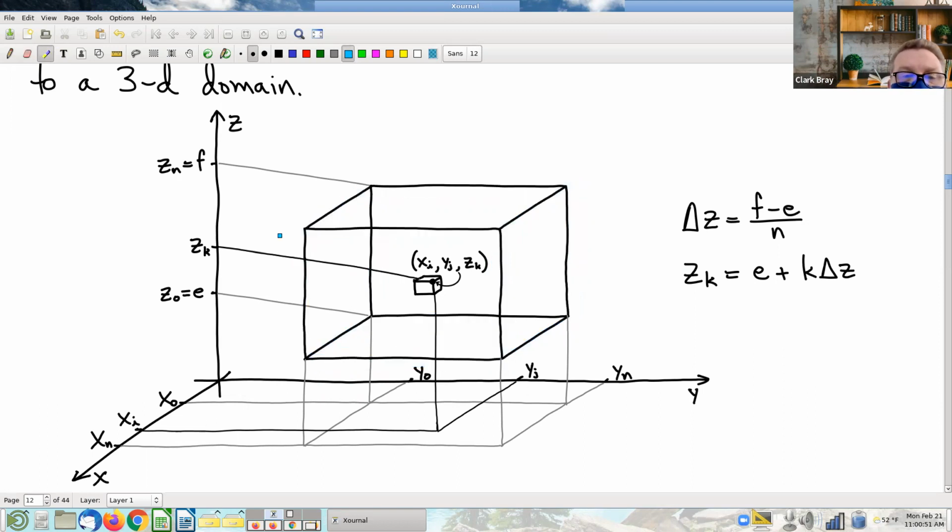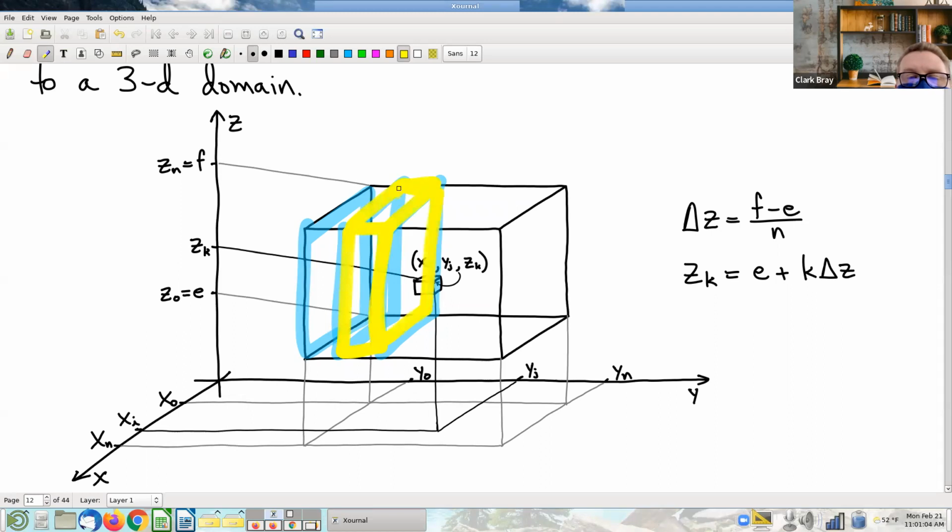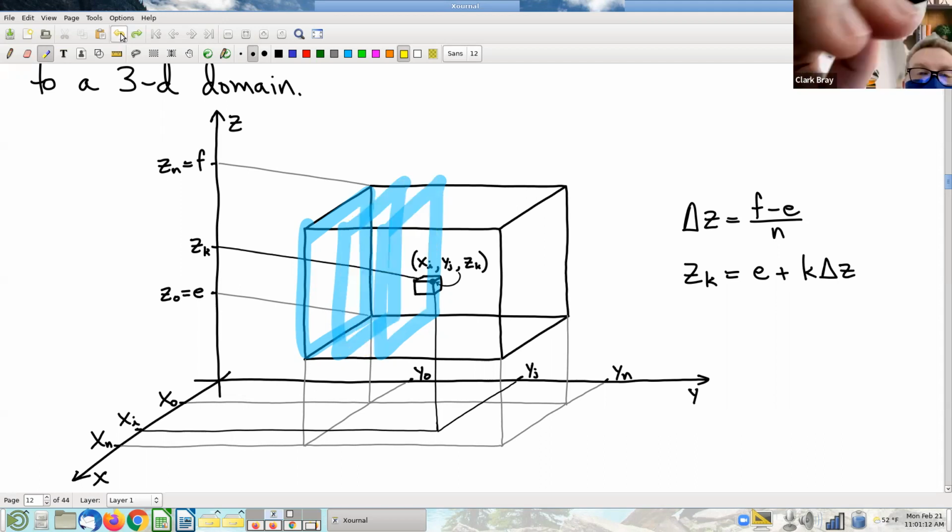Well, I need to slice. And so I'm going to slice that way. And then I end up with, of course, a bunch of pieces that are really too big to work with. Right, those pieces are too big. So I'm going to slice again.